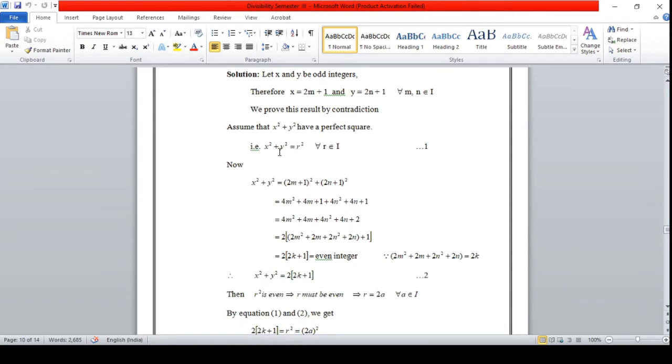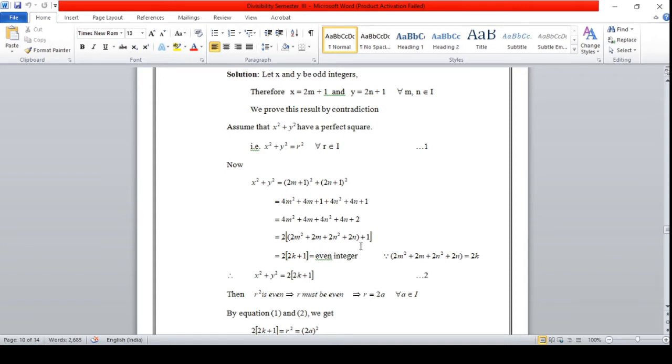Now x square plus y square is equal to r square. Substitute the values of x and y, the odd integers. Open the brackets: 4m square plus 4m plus 1, again 4n square plus 4n plus 1. 1 plus 1 is 2, and 2 is common.